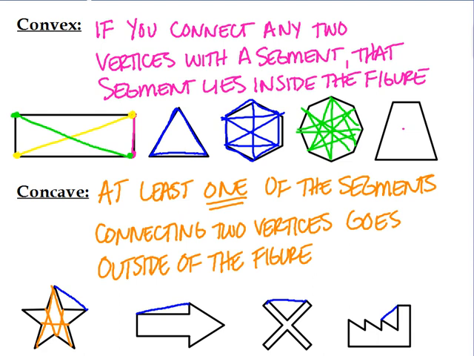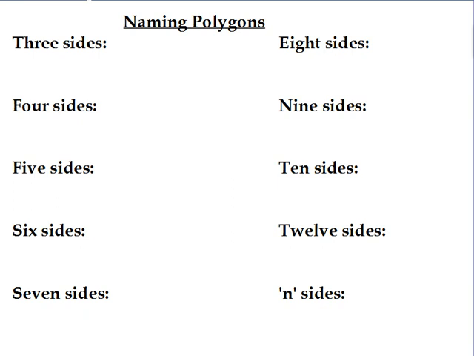Now when it comes to naming polygons, you probably know some of these already, but polygons are always named by how many sides they have. 3 sides, of course, is a triangle. And 4 sides, we know a lot of different 4-sided figures. Rectangles, squares, trapezoids, parallelograms, they all have 4 sides.